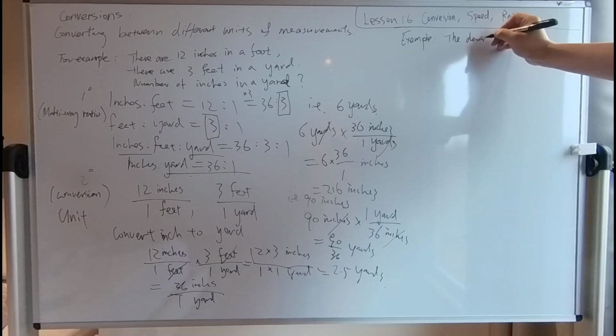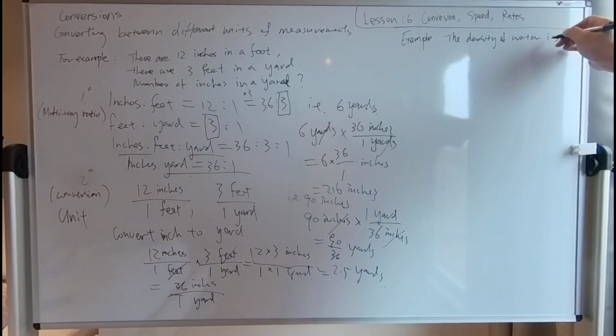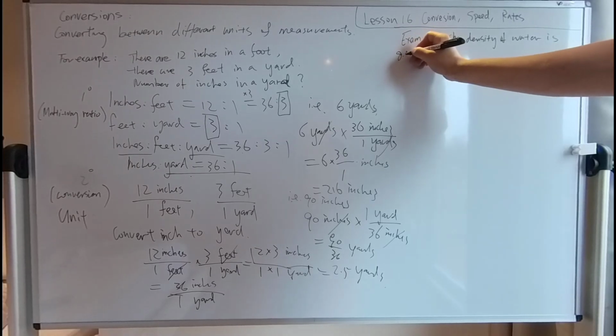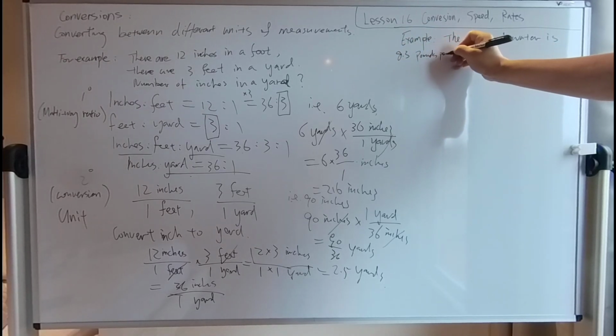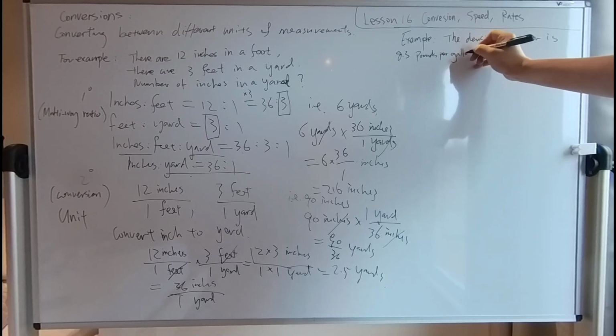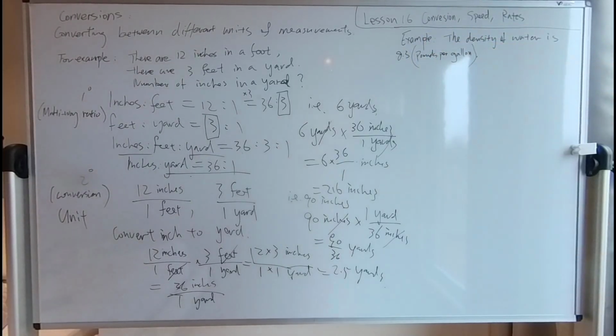Density of water is 8.3 pounds per gallon. So this is 1 unit for density.